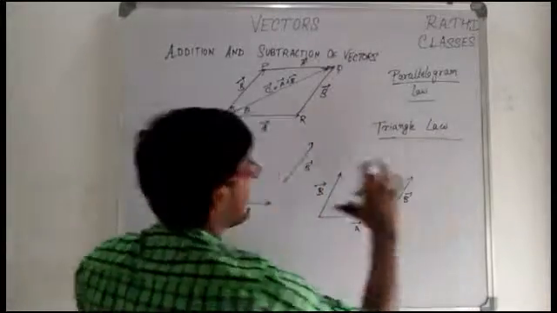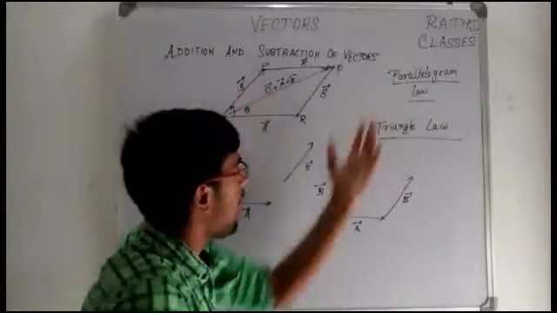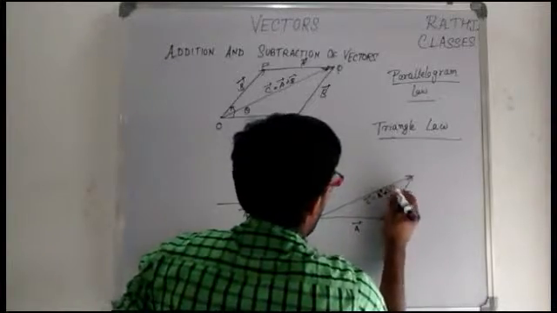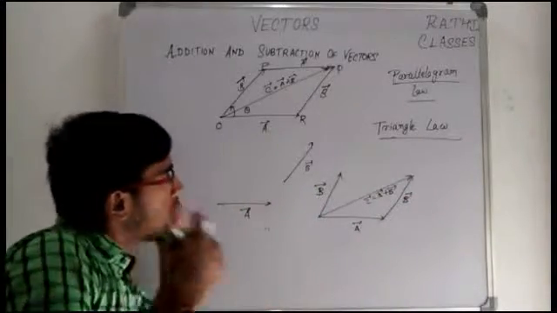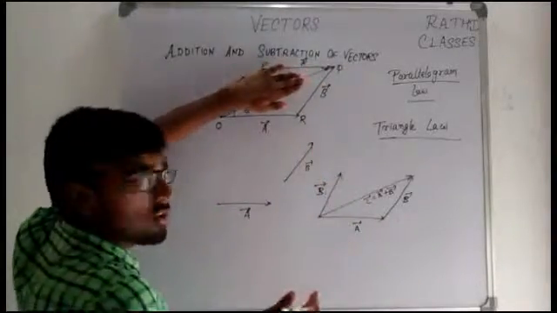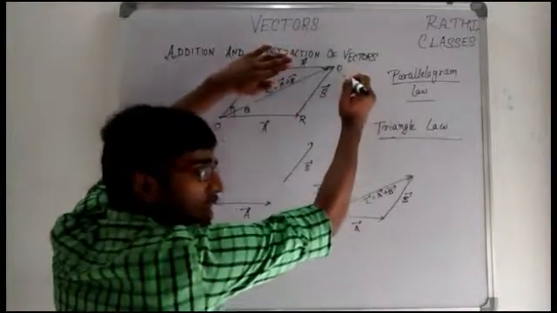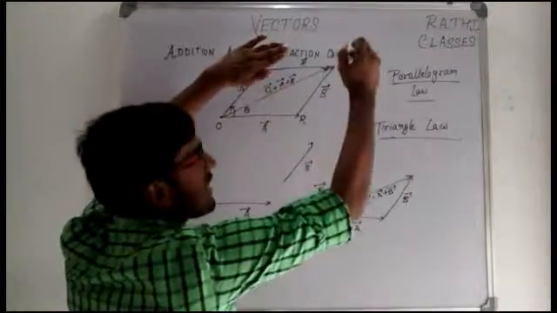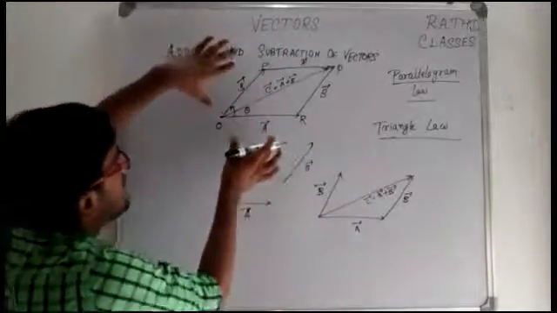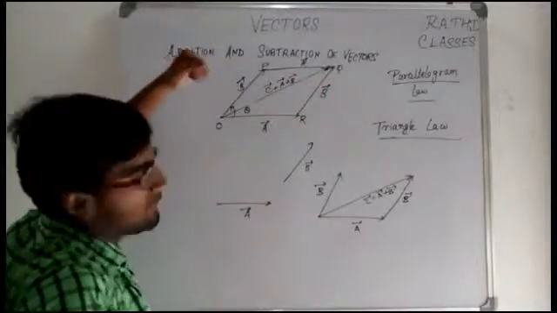So I can replace this vector by this, and now applying the parallelogram law, I can say that this will be the vector C, which is vector A plus vector B, right? So this basically means the same thing. If I remove this, I see that the vector A plus vector B is the vector C in this way, completing the triangle. And if I look in terms of the parallelogram, I see that the diagonal form will be the resultant of A plus B.